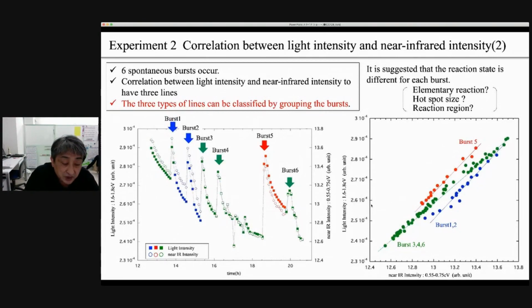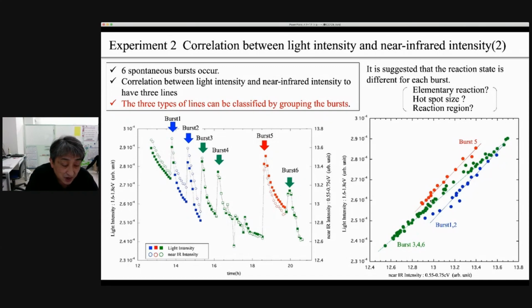And we grouped them in three colors to investigate what the three lines relate to. As a result, it was found that the three lines can be classified by grouping the bursts.